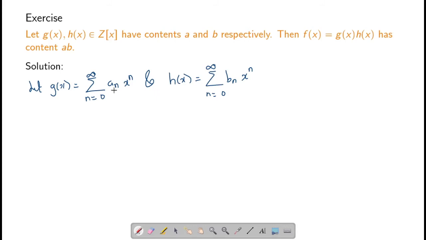Notice here that since the content of g of x is a, this means that a divides each of the an's.